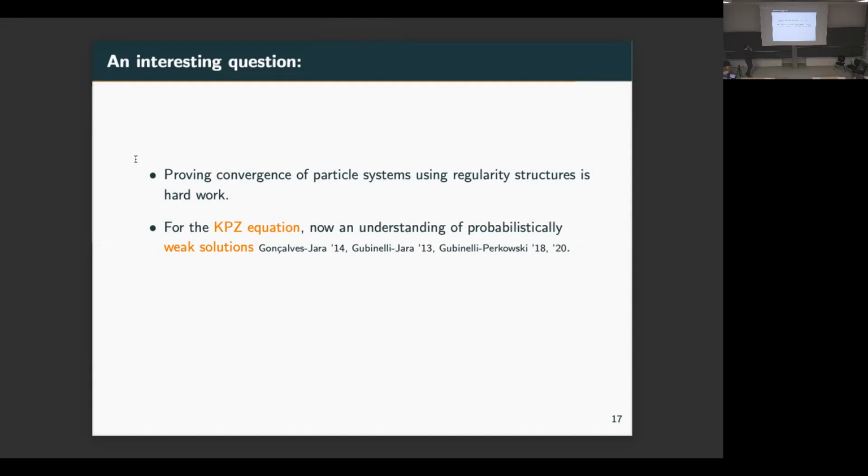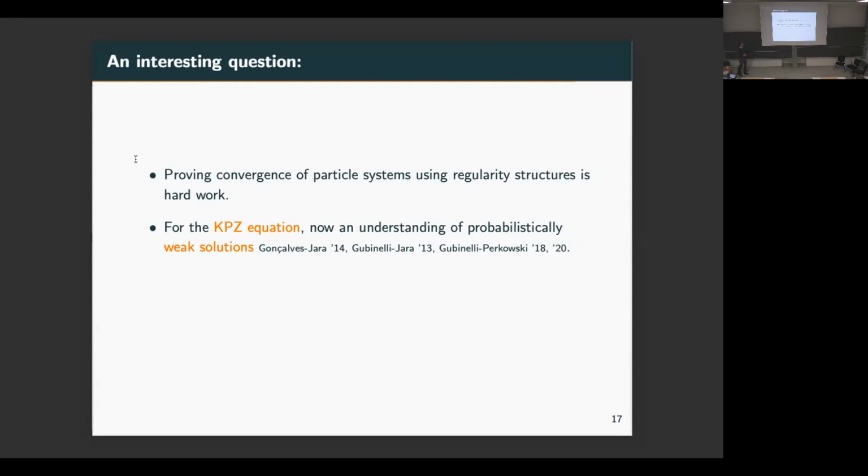For the KPZ equation, of course, there was the result in the 90s that didn't use regularity structures, because there was a workaround, which I don't want to stress so much. But now there's this really beautiful line of works started by Gonçalves and Jara, and then later Gubinelli and his collaborators.